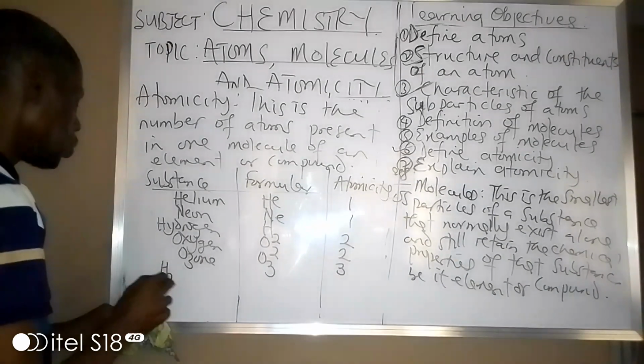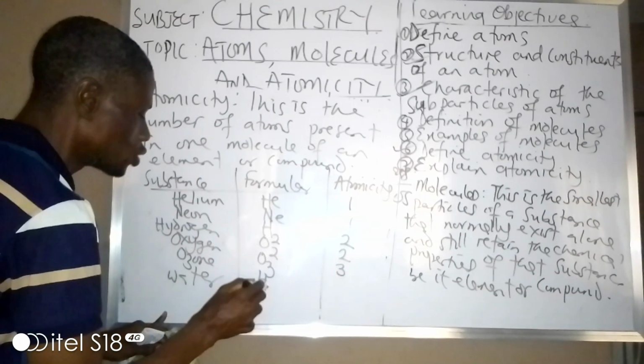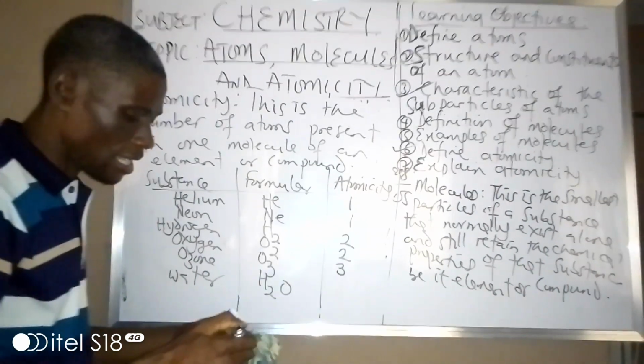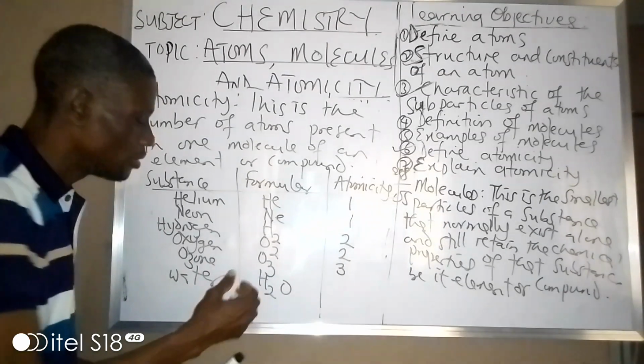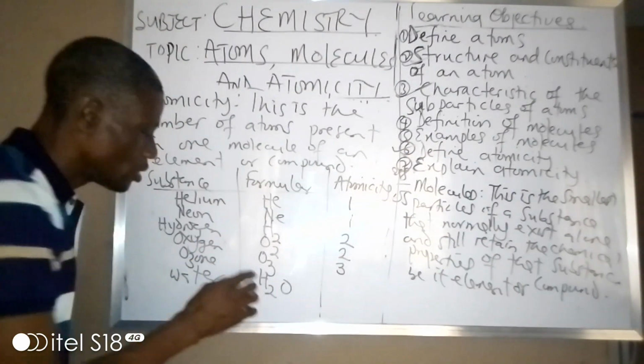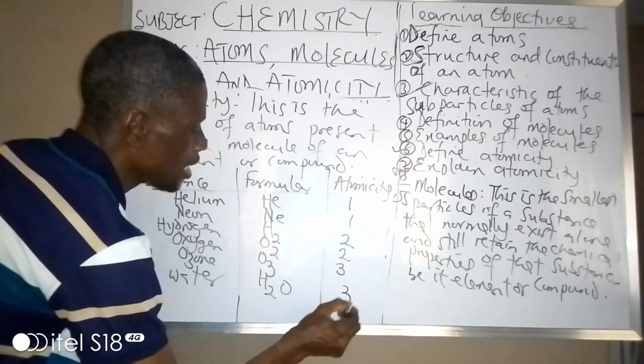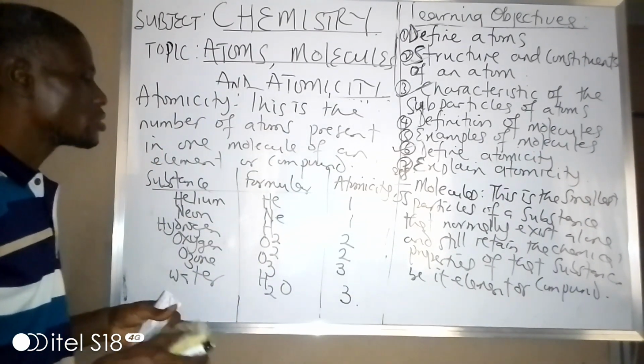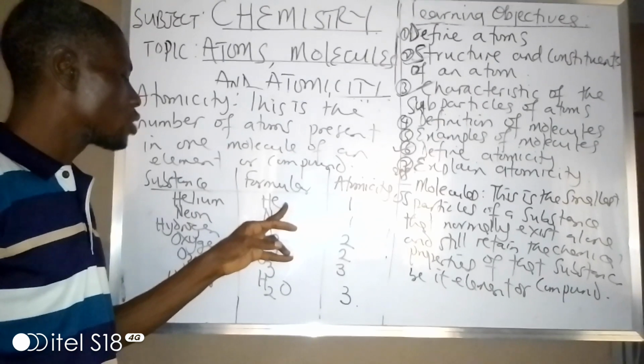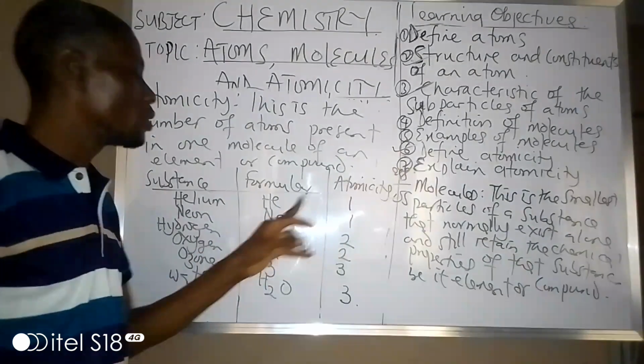What about another one? Let's look at H2O, water. Water is a molecule, H2O. Atomicity here is going to be 3. How? H is 2, O is 1. 2 plus 1 gives us what? 3. So we can see that the number of atoms in each formula corresponds to the atomicity.